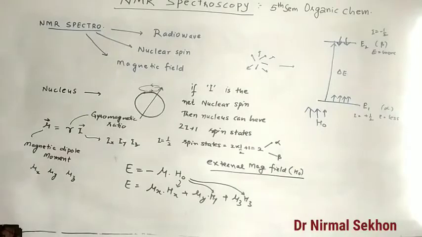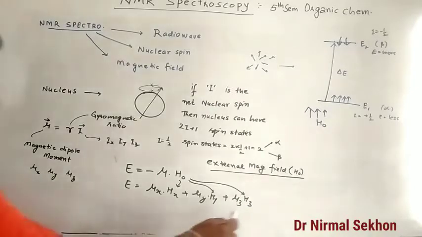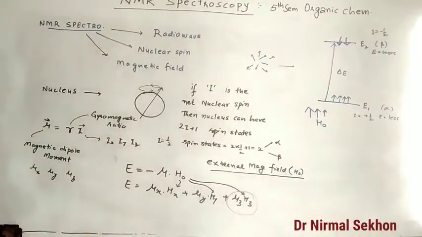Now, from which direction are we applying it? Suppose we apply the external magnetic field in the z direction. Then what happens to the x and y components? They become zero, they do not exist, and only the mu z component exists.